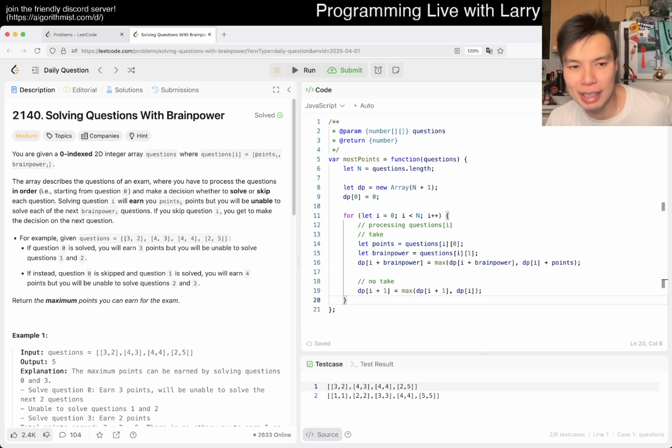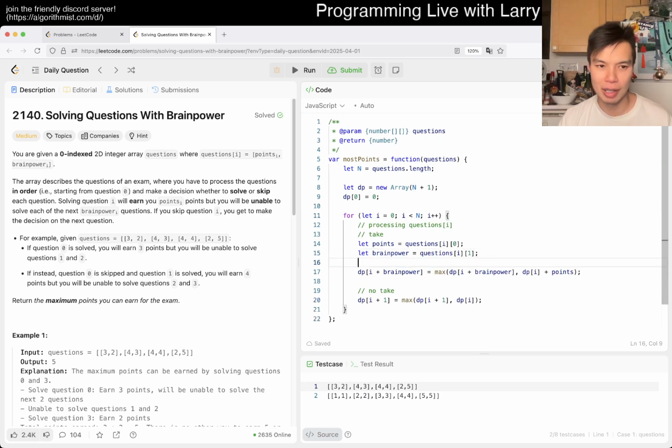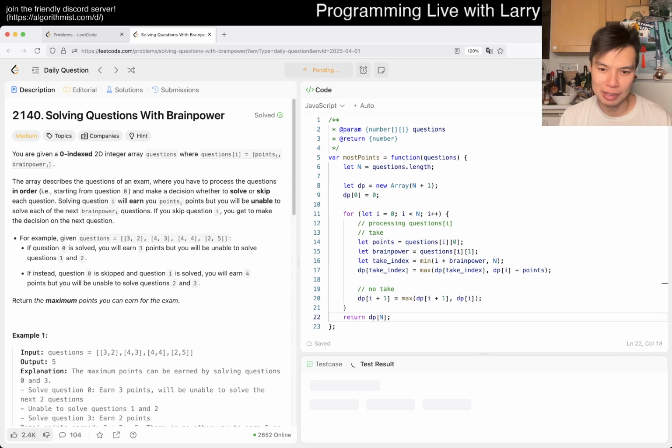The only other thing is that I plus Brainpower could go greater than n, so maybe we take index is equal to I plus Brainpower, but we want to min this by n. That means that if we go past n, then we just set it to n. That's basically it. And then we can just return dp of n, and we should be happy, hopefully.